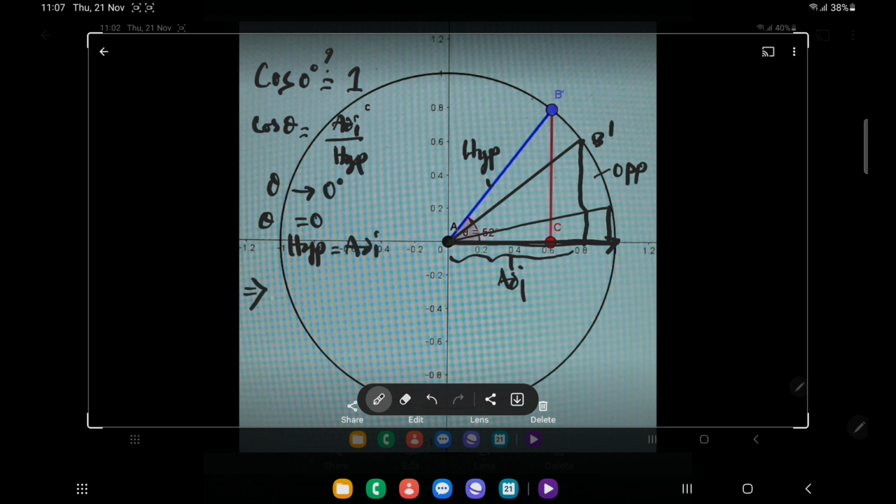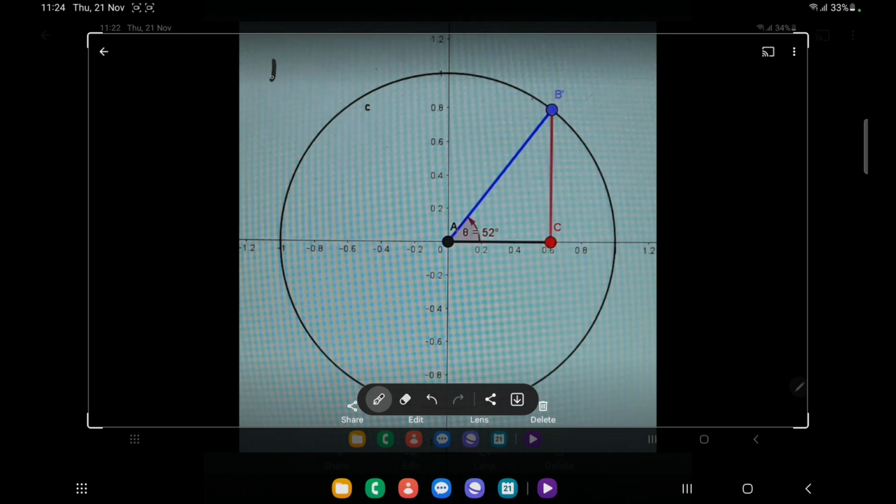That implies cos of 0 degrees is equal to adjacent upon hypotenuse. We have just now seen that they are equal, so they get cancelled and you are left with 1. So cos 0 is 1. Hence proved.